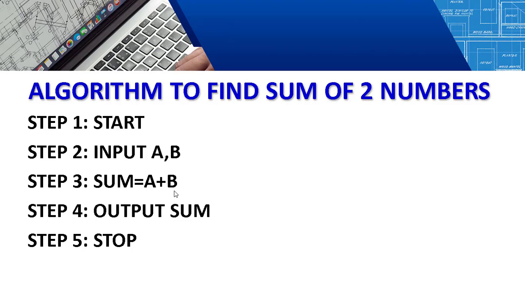A plus B is added and the value will be stored in sum. Suppose A is 5 and B is 2. 5 plus 2 will be added and the sum 7 will be stored in sum. So output will be sum. Sum value is 7. And then we stop.